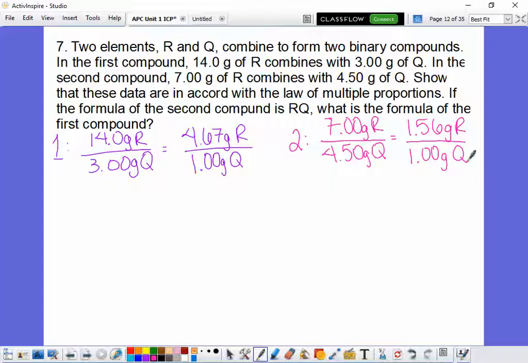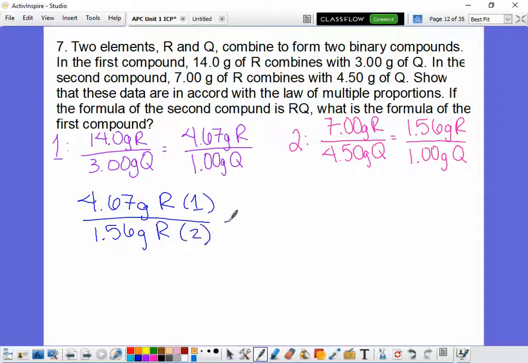Let's find the ratio of R in compound 1 to R in compound 2. So I'm going to take the 4.67 grams of R in 1 divided by the 1.56 grams of R in compound 2. This will give me my ratio of R that combines with 1 gram of Q.